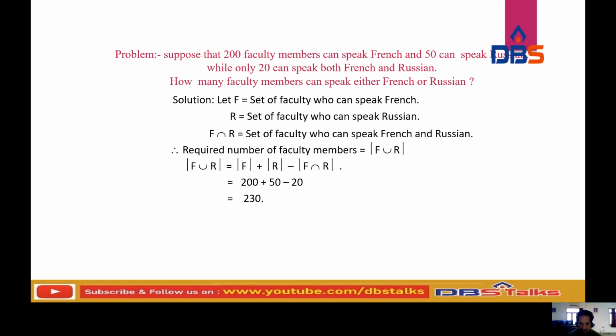So 230 faculty members can speak either French or Russian.